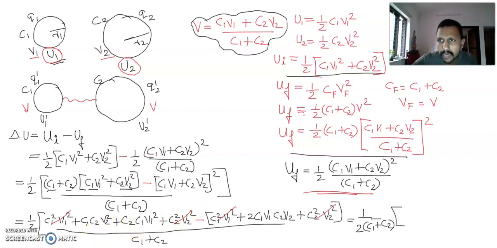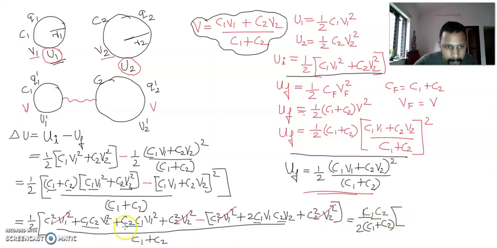From all the other terms, focus: C1 C2, C1 C2, C1 C2. It can be taken common out. Therefore I am taking this C1 C2 out of all those terms.